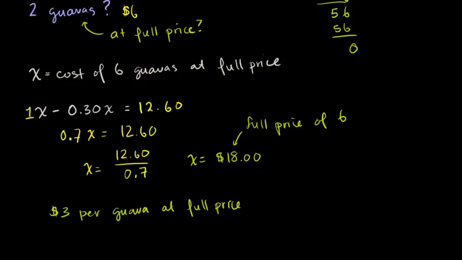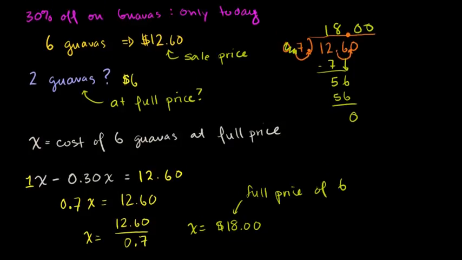So just to give a quick review of what we did. We said the sale price on 6 guavas is $12.60. That's 30% off the full price, or you could say this is 70% of the full price. So if x is the full price of 6 guavas, the full price of 6 guavas minus 30% of the full price is equal to $12.60.